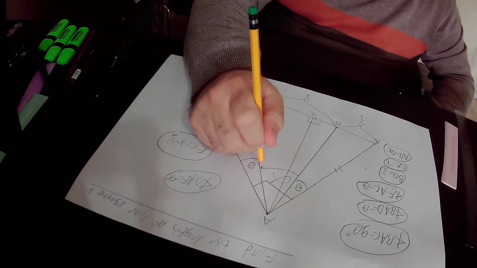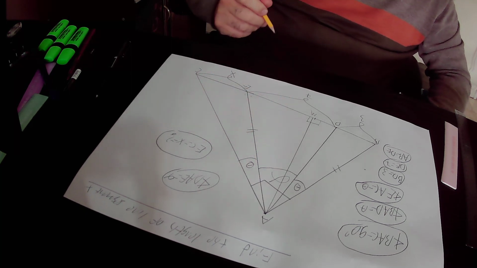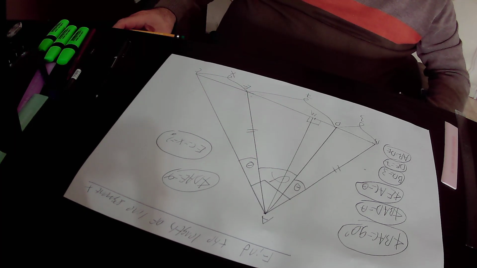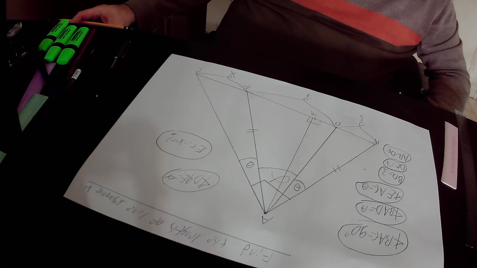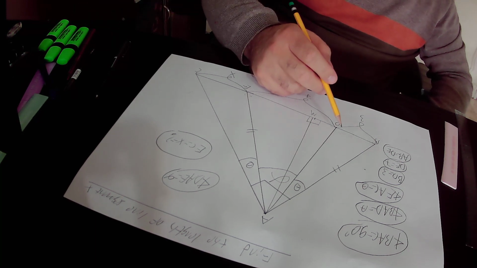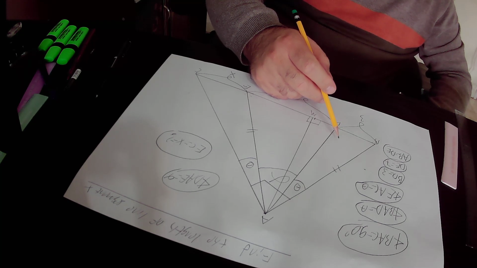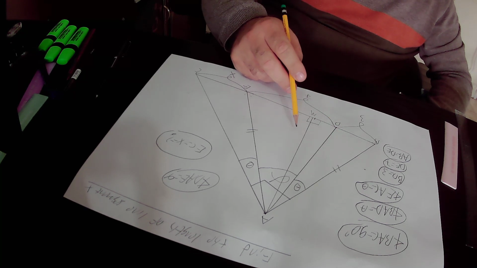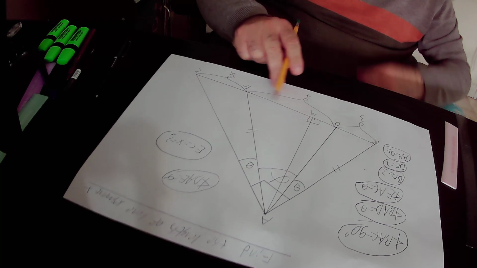This angle equals alpha, and we will calculate the area of triangle BAD, and we will divide the area of triangle BAD by the area of triangle ADE.